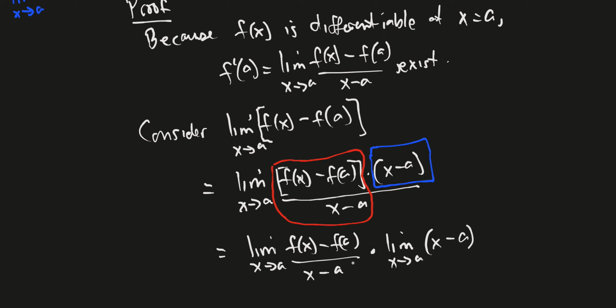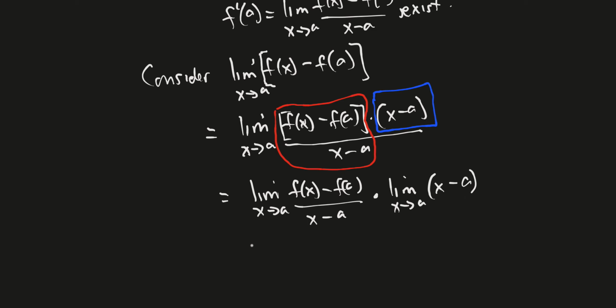But this we know is f prime of a, and we know it exists, so it's some number, and we use this notation to denote it. And then this expression here is equal to 0 because I can evaluate it, so I will end up having f prime of a times, when I evaluate it, a minus a, so that's 0.